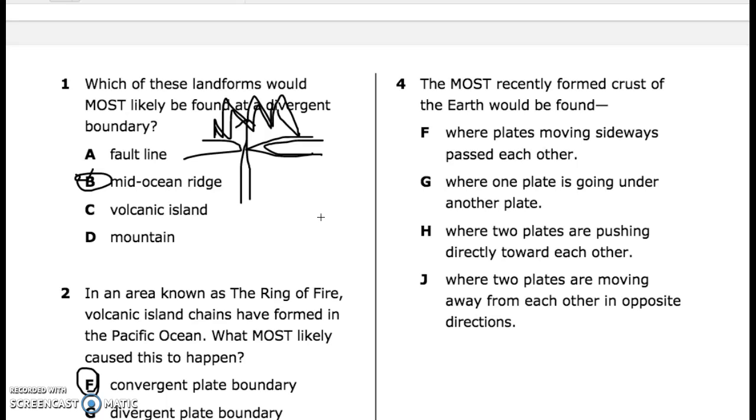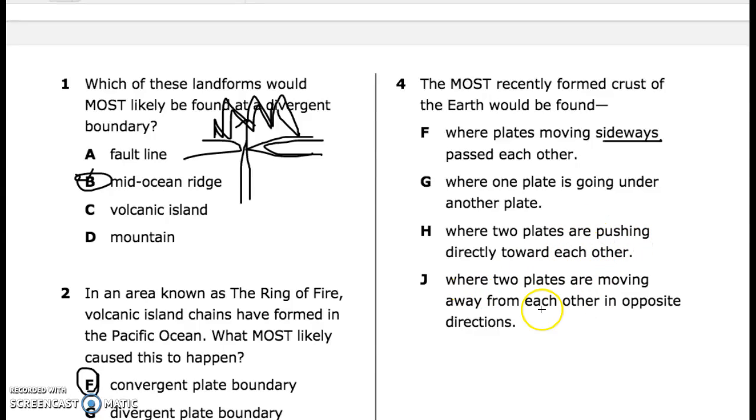Number 4. The most recently formed crust of the Earth would be found where plates move sideways, where one plate is going under another plate, so that's actually melting right there. So we're not going to have new crust, we're going to be recycling old crust. Where two plates are pushing directly toward each other, okay, well that makes mountains, we're not really making new crust.